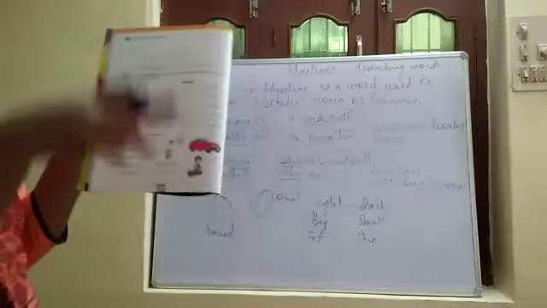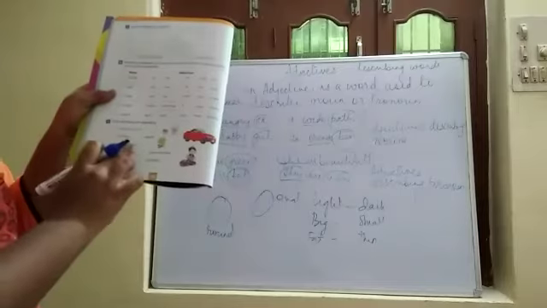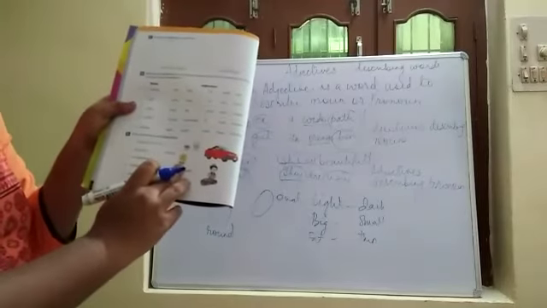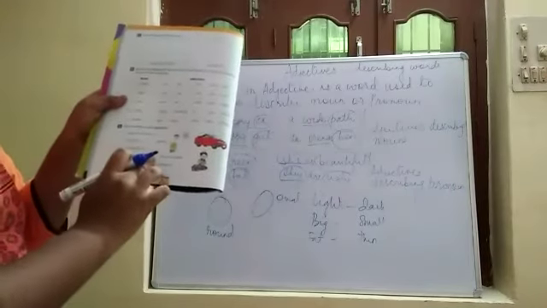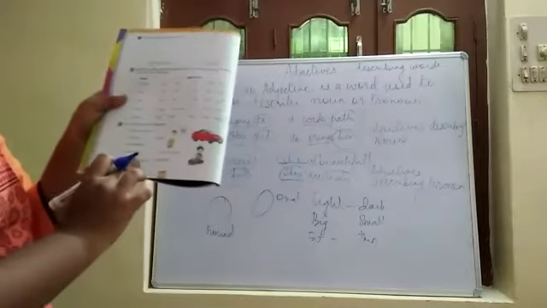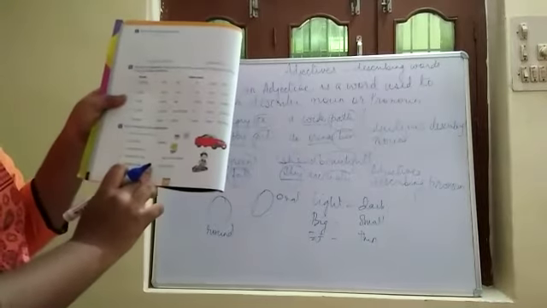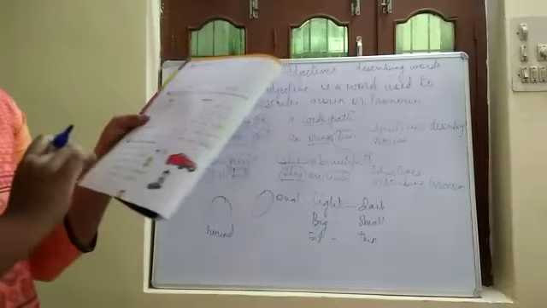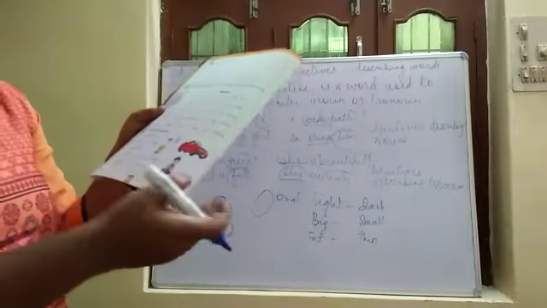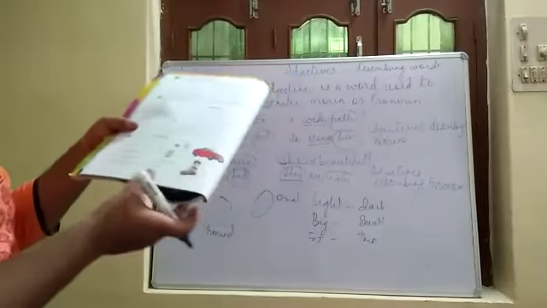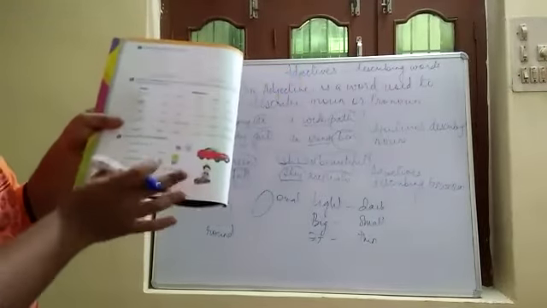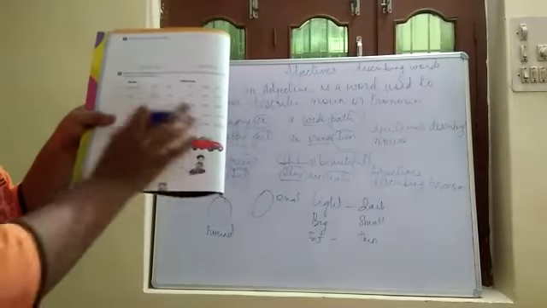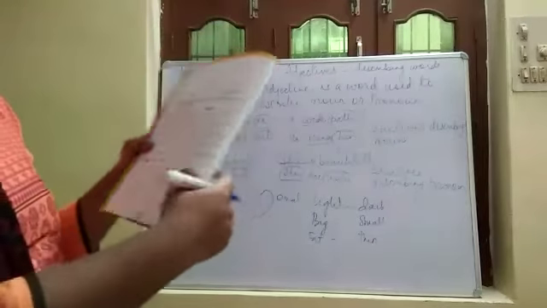A sunflower is yellow. Monday is the first day of the week. Children like eating chocolates, or like to eat chocolate. So in this way we have to do the questions of exercise E.